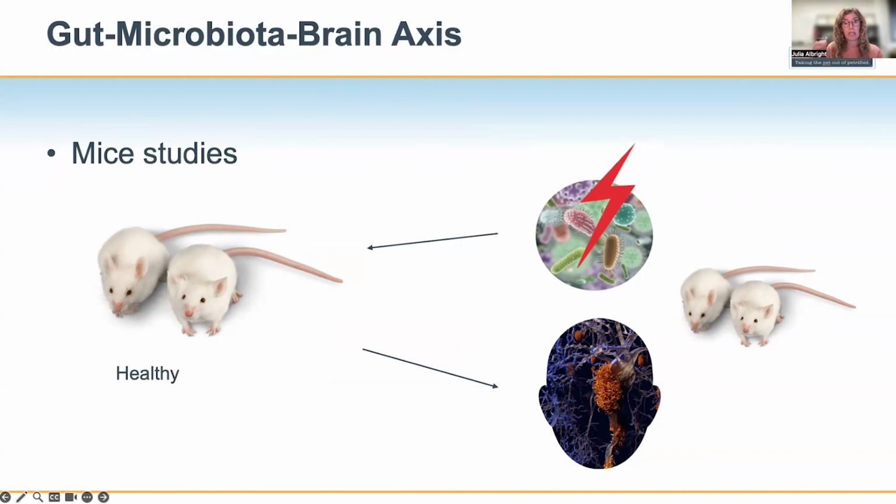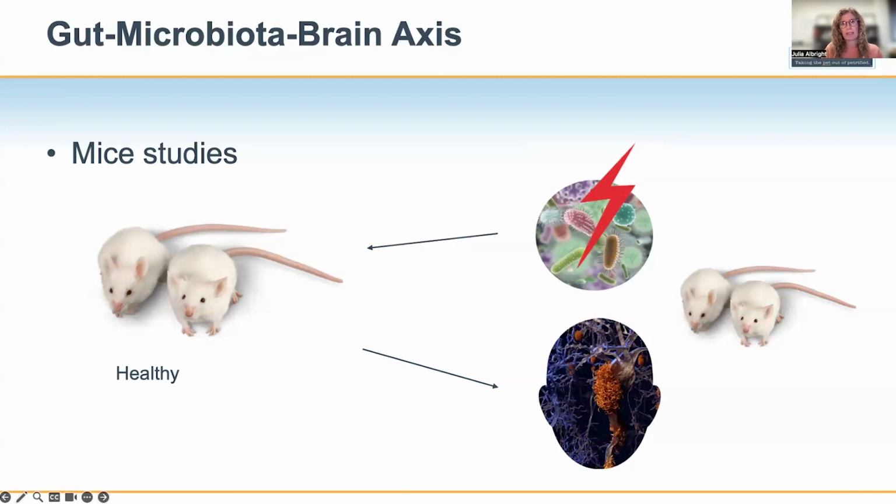You can simply take the gut microbiome from those animals, transplant them into healthy mice, and recapitulate or induce that disease by doing nothing else other than transplanting that microbiota. So those studies were first started in the late 90s and early 2000s. And that set off a whole interesting field, that's how people started to study this and realize that the gut microbiome is actually tied to a lot of diseases.